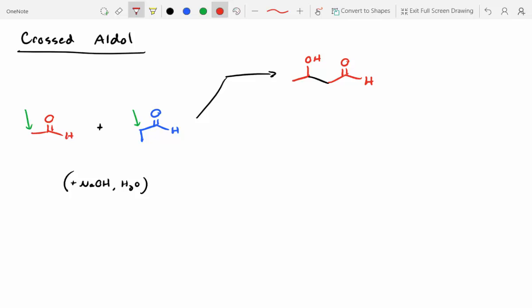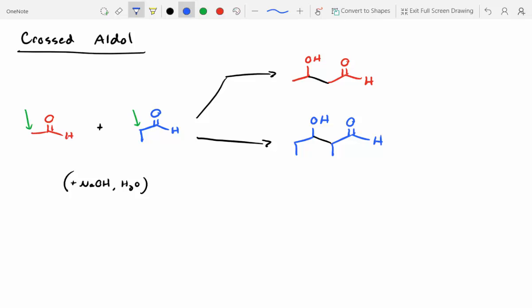The other option is what if we had two blue ones combined? Well, if we do that, again, we get a beta hydroxy aldehyde. It looks like this. So two of those can combine together.